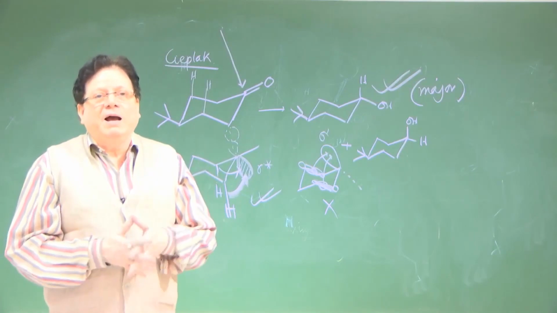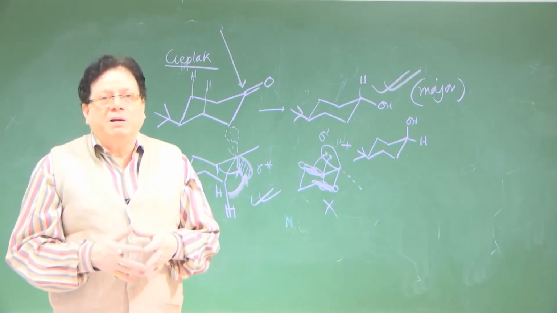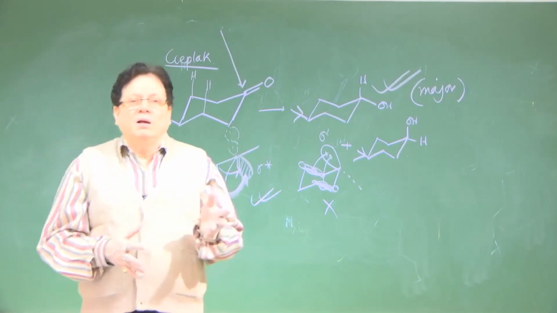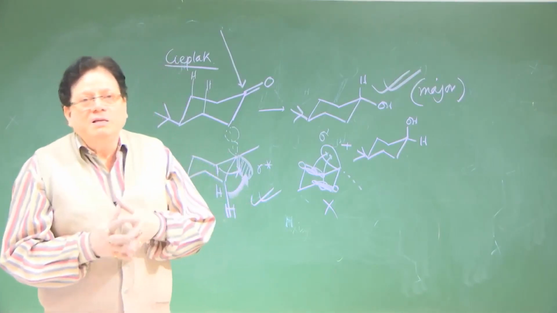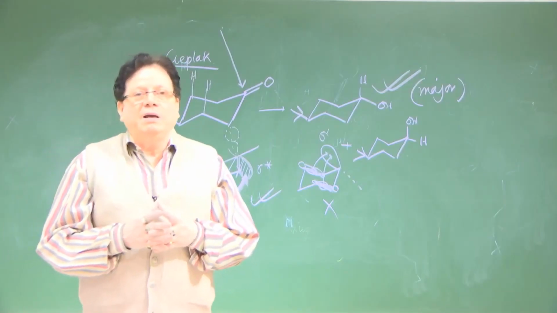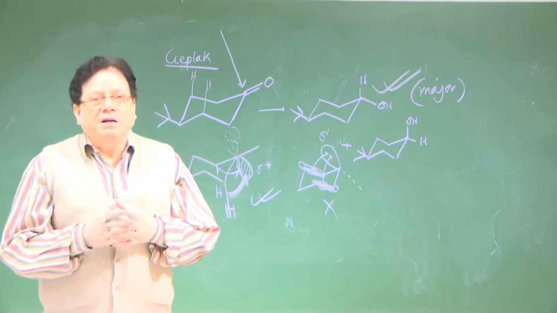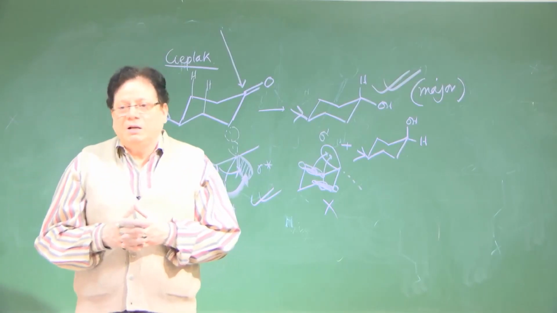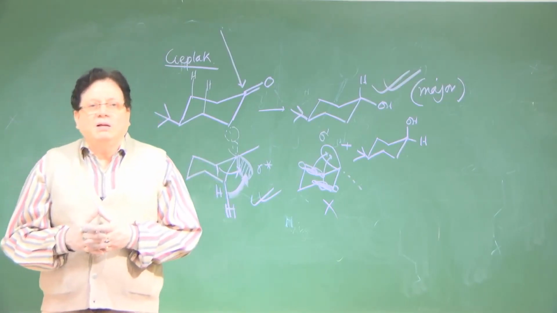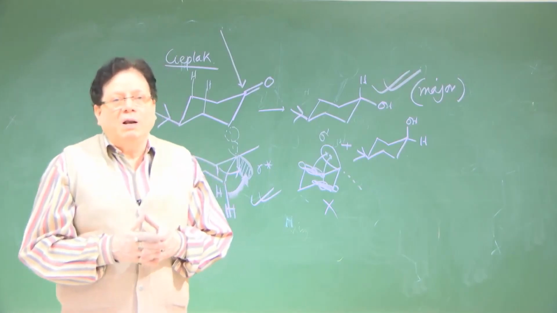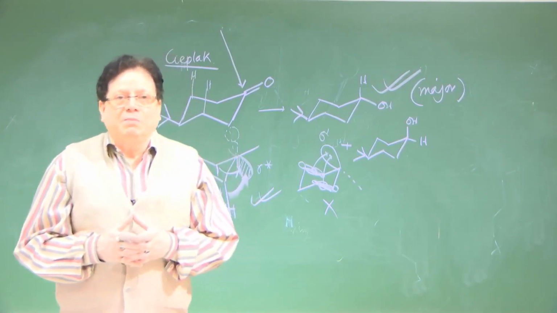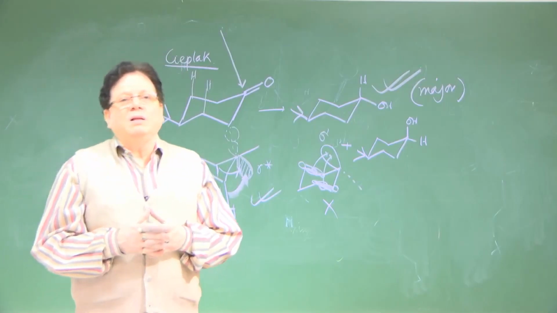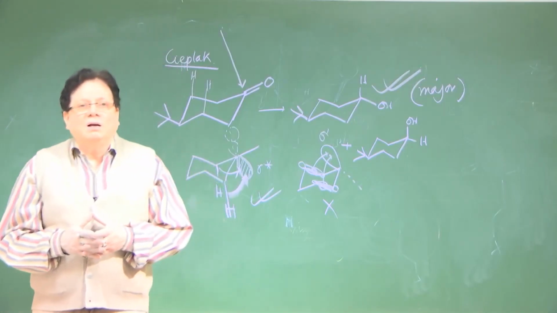And many rearrangement reactions like the Beckmann rearrangement, you know that the group has to migrate from opposite to the leaving group. So, all these are basically dictated by one fact, that in the transition state the orbitals should be arranged in 3D space in such a way as to give the maximum overlap, and that means the maximum possible stabilization to the transition state. Then only the reaction proceeds faster.